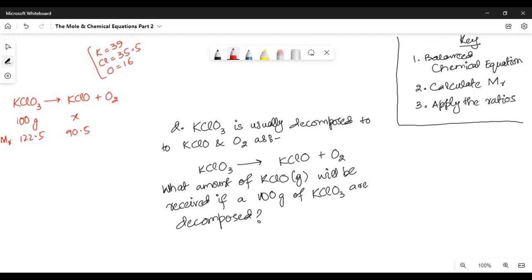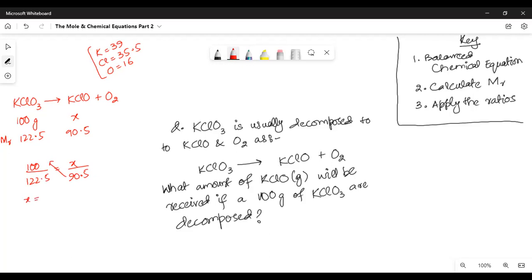So this is what you got, and then it was 100 over 122.5, what you have written, and then it's equal to x over 90.5, the complete division. Now, the mistake you made over here is that x is already on top. So you just need to move this one over here.